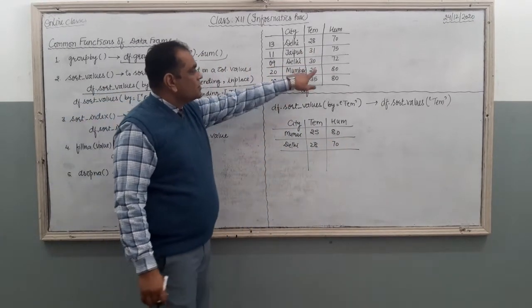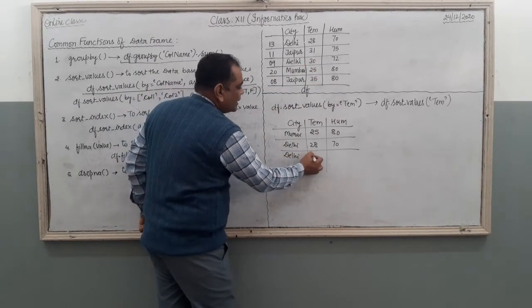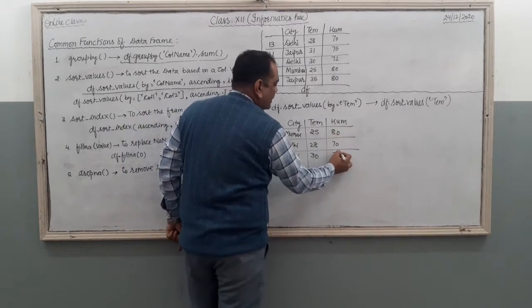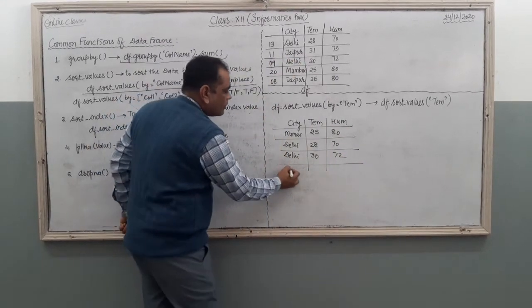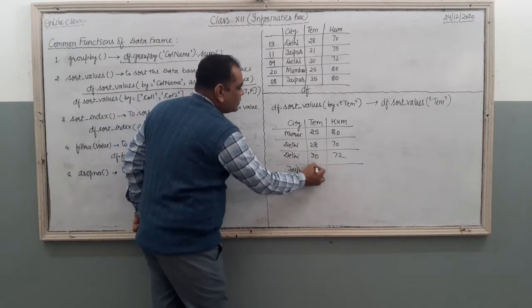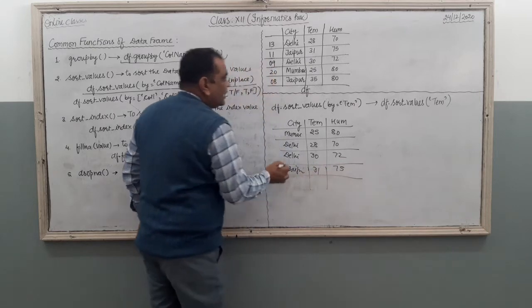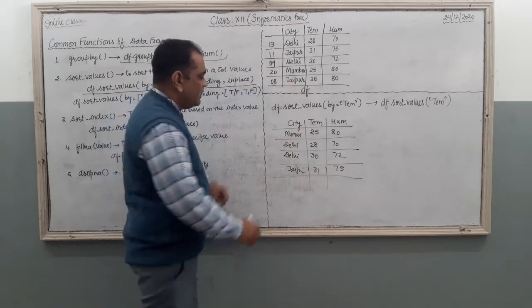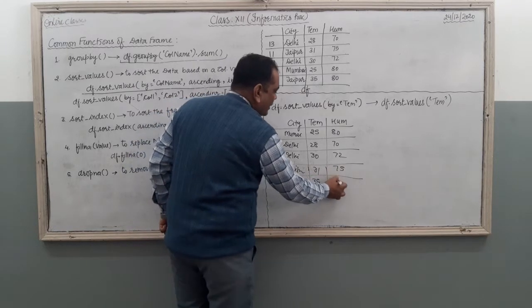The third temperature is 30, so again Delhi is there, 30 and then 72. The next one is 31, so the Jaipur record is there, 31, 75, and the last one here is 35, again Jaipur.